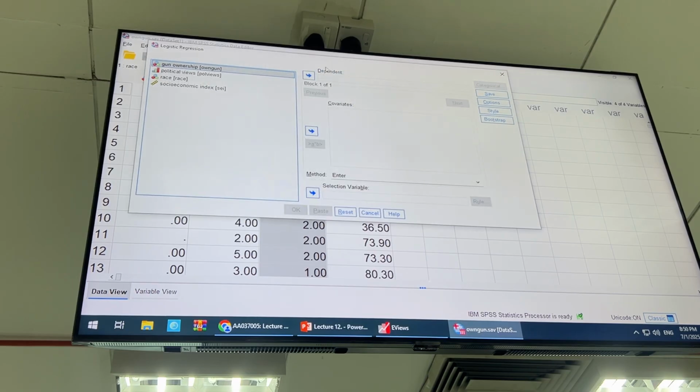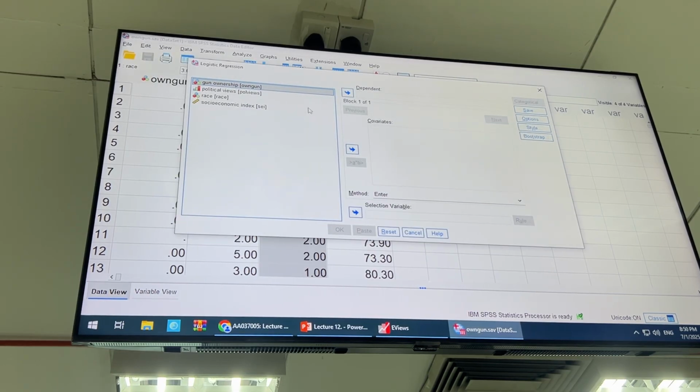Okay, so you choose your dependent variable, gun ownership, as your dependent variable. Your covariates are views, race and SEI.